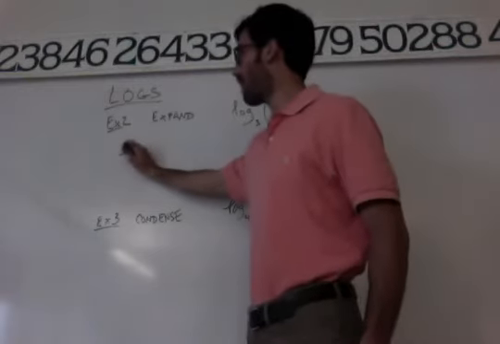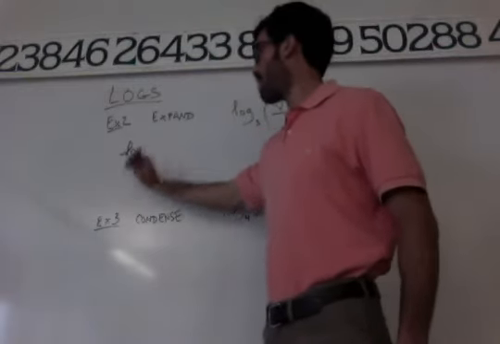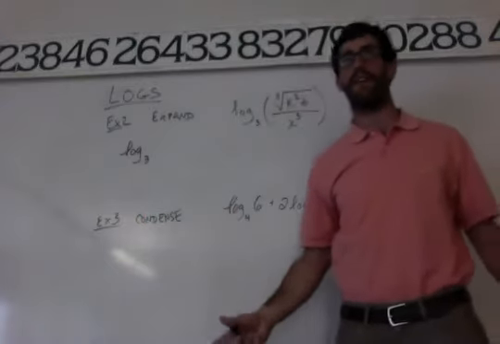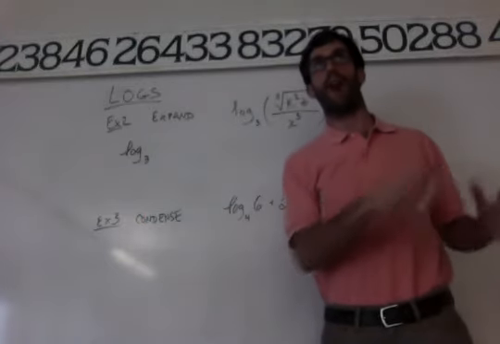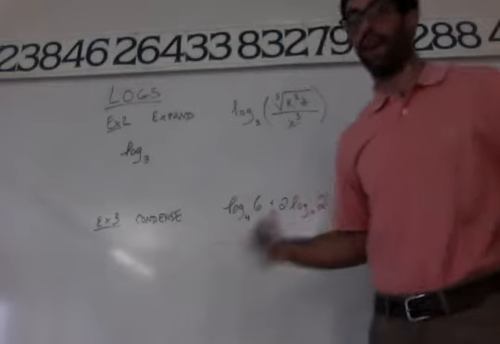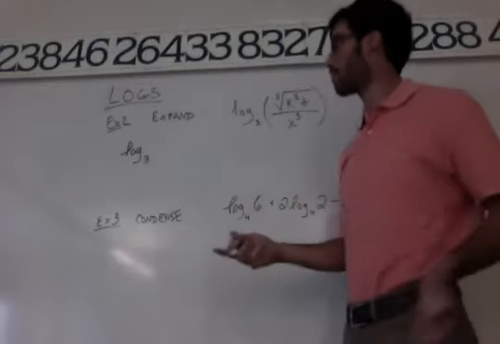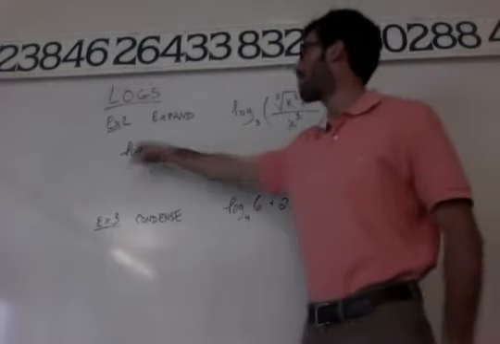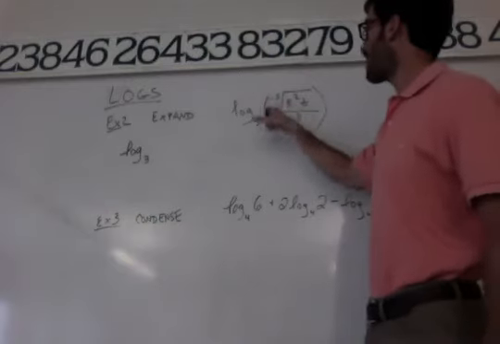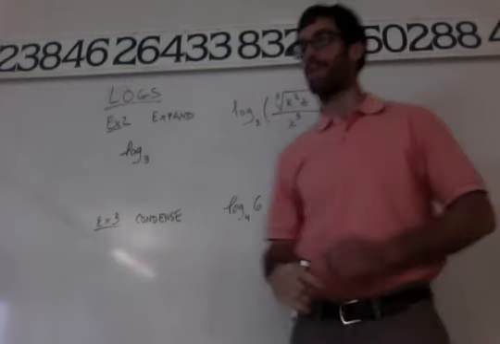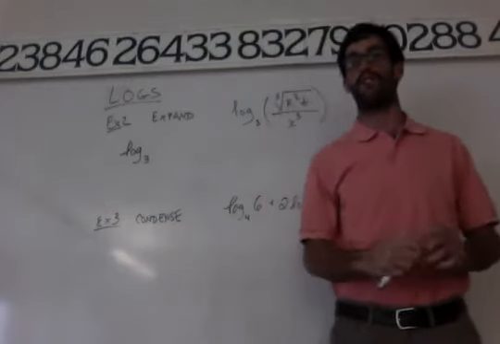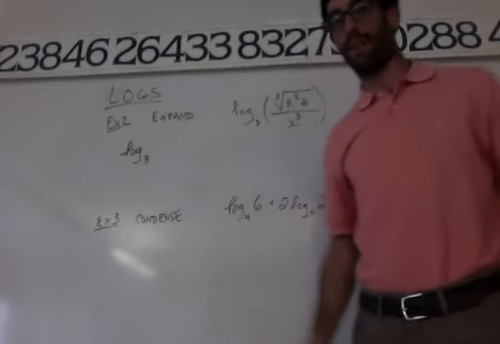Rules of logs wouldn't apply if you had different bases, just like rules of exponents wouldn't apply, right? X to the second times y to the third is just itself. You can't apply any rules of exponents. Same thing with logs. First part, if you're expanding, you want to take every variable into account separately, and if there is a coefficient, take that coefficient into account separately itself.